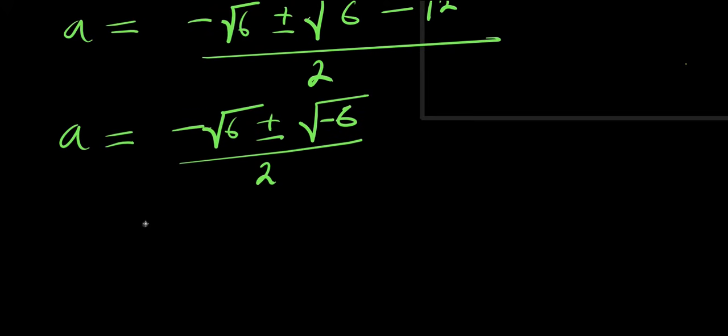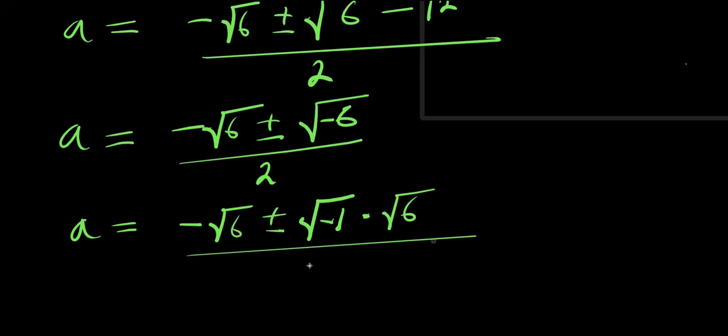So from here, I'll have a equals negative root 6 plus or minus, there's a minus here, the square root of negative 1 times the square root of 6, divided by 2.